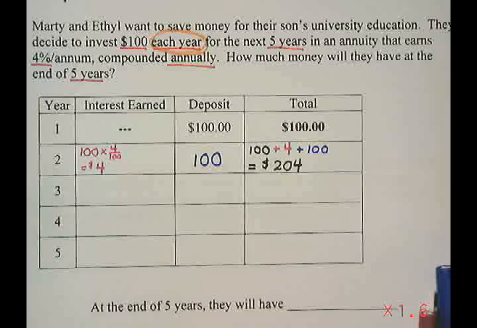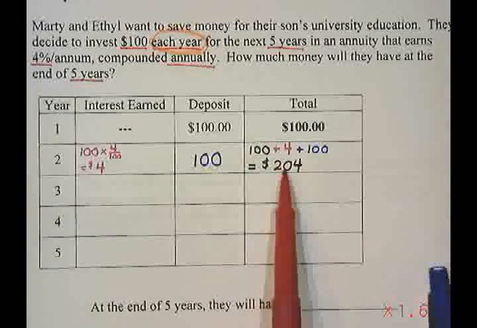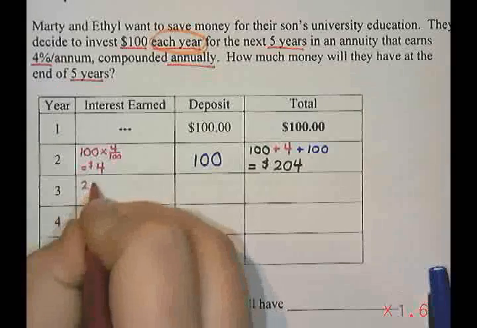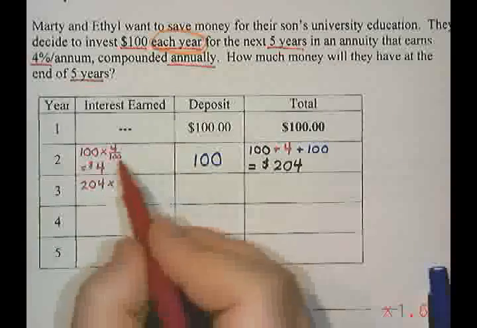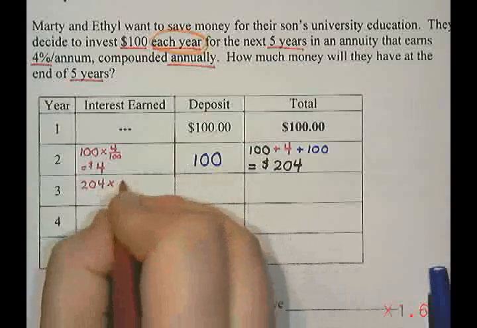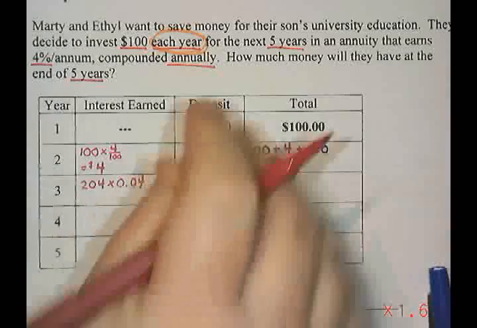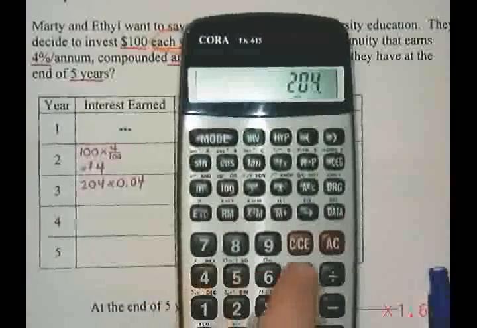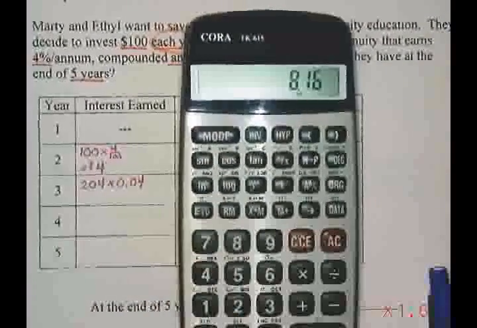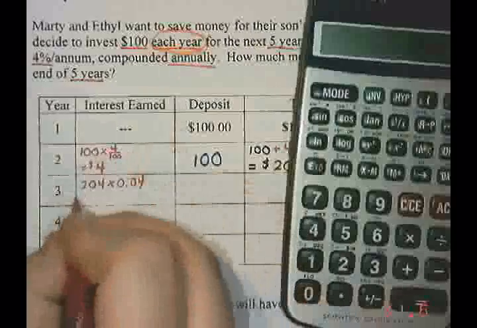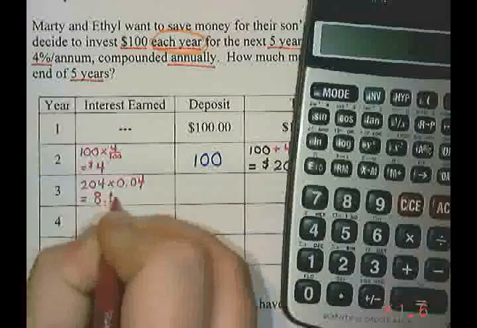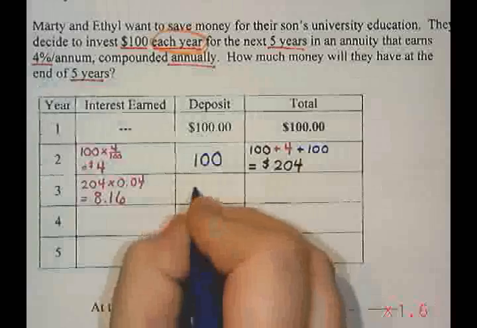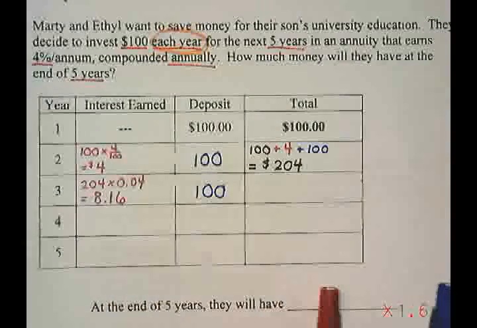Year 3 rolls around and they earn 4% of what's sitting in their account. So if they have $204 there, they earn 4% of $204. So I can multiply by 4 and divide by 100, or I can just multiply by 0.04. I need my calculator for that. So 204 times 0.04 is $8.16. So they will earn $8.16 in interest in year 3. Okay, they add another $100 into the account.